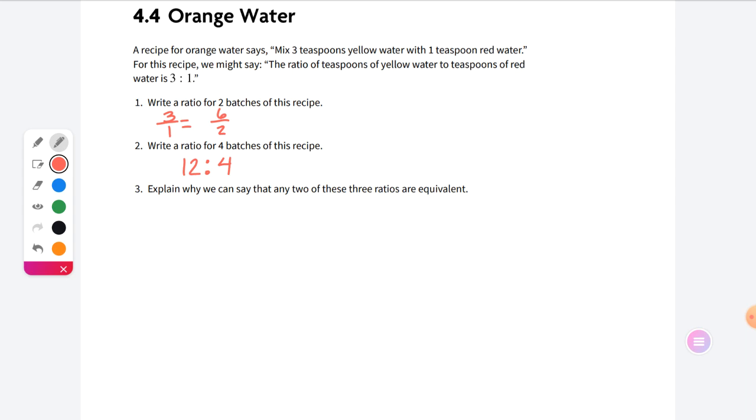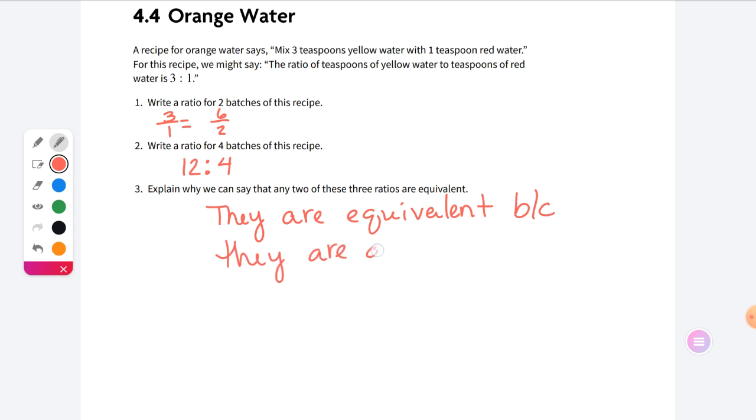So I'm going to try to explain why we can say that these are equivalent because, and I'm going to be lazy, they are all 3 to 1 in simplest form.